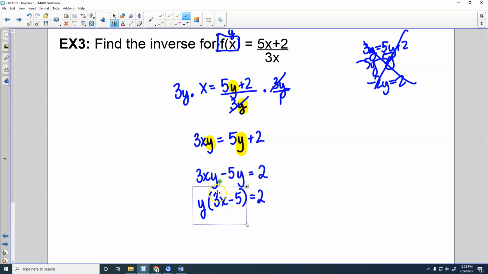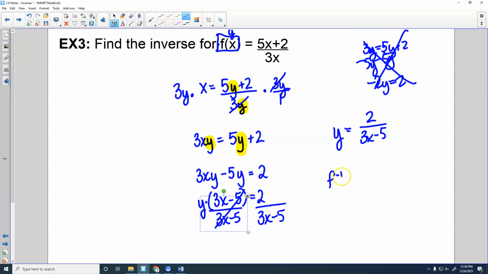The last thing I want to do: that's y times that stuff in the parentheses. So I could divide by 3x minus 5, and now the y is going to be by itself. So I would get y equals 2 over (3x minus 5).